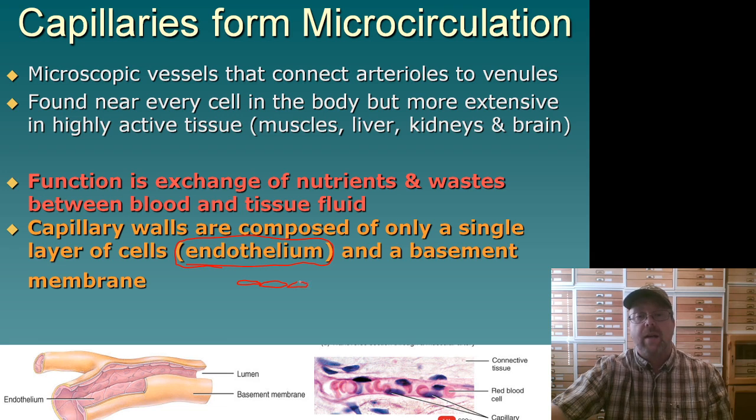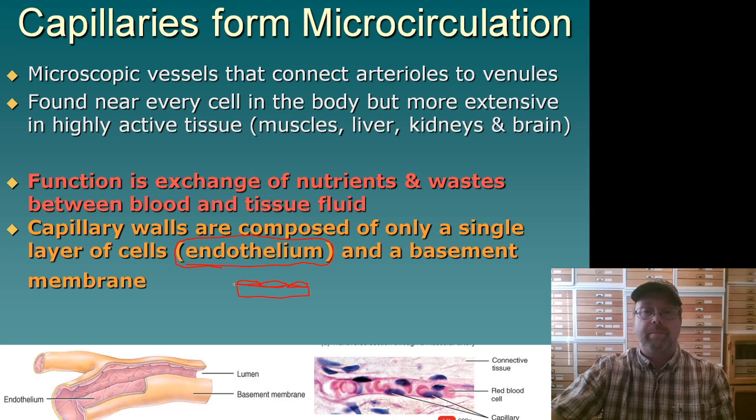The tunica media and the tunica externa are not present in the capillaries. They're not there. So diffusion can occur very easily, and things can move in and out of a capillary much easier than if it had those other layers.